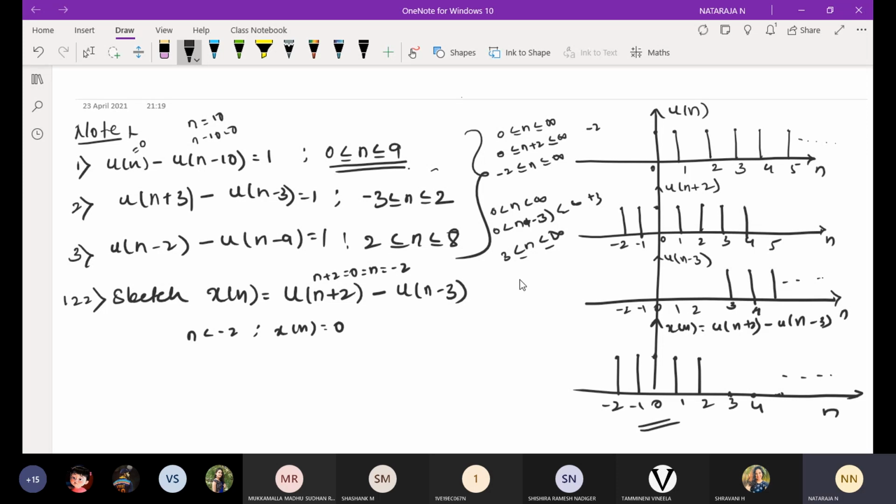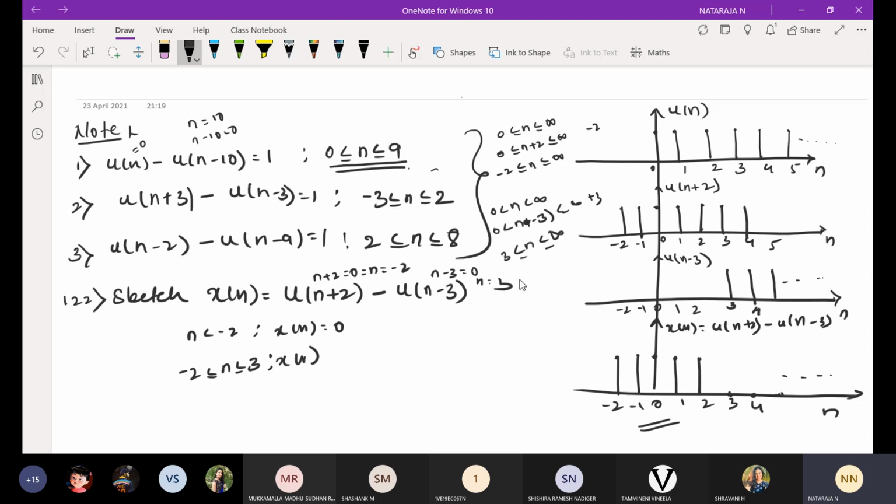Then from minus 2, n minus 3 is equal to 0, so n is equal to 3. Minus 2 less than or equal to n less than 3. The next signal varies from minus 2 to plus 3.